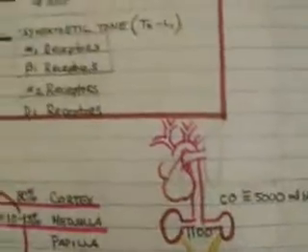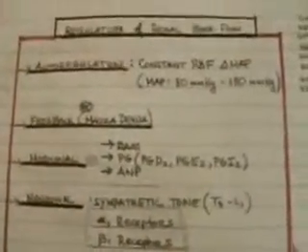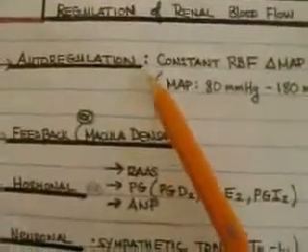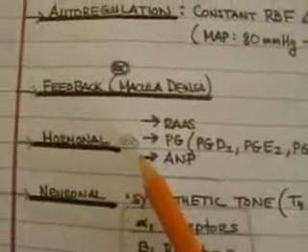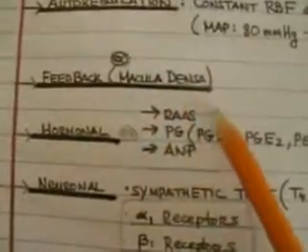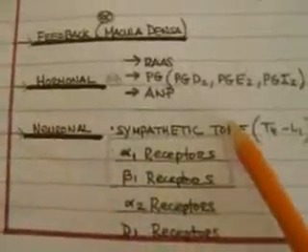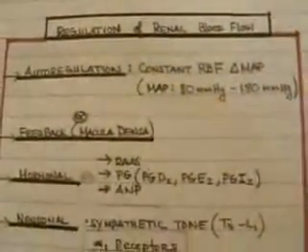And we'll talk about the factors that are involved with regulating the renal blood flow, such as the autoregulation, the feedback systems, for example, the macula densa, certain hormonal influences on the kidney, for example, the renin-angiotensin-aldosterone system, and certain neuronal factors, for example, the sympathetic tone, all help to regulate the renal blood flow.